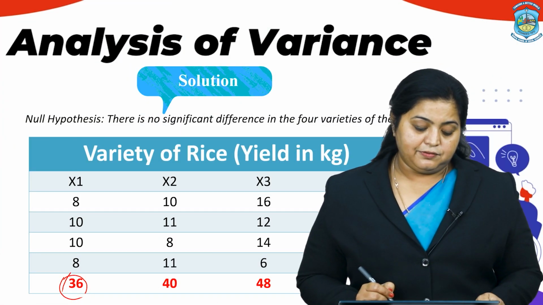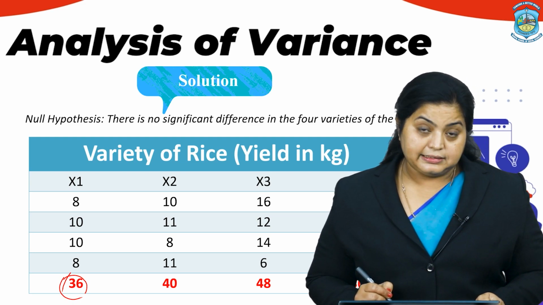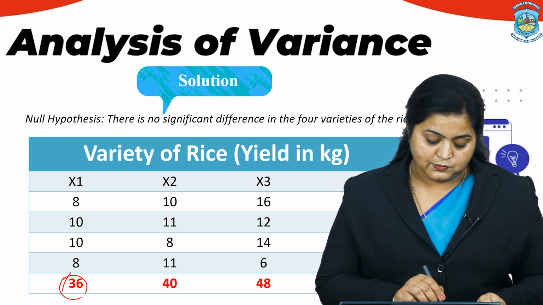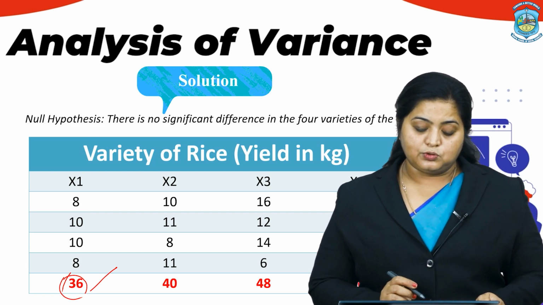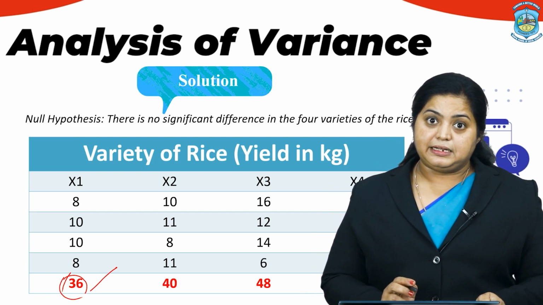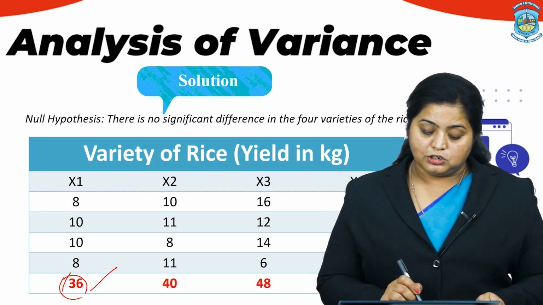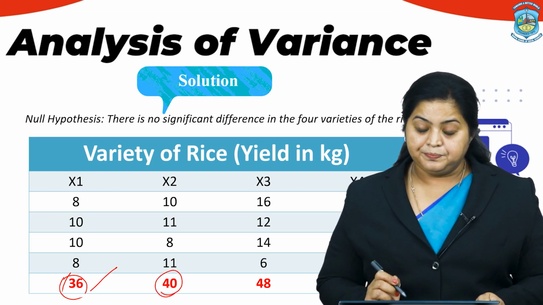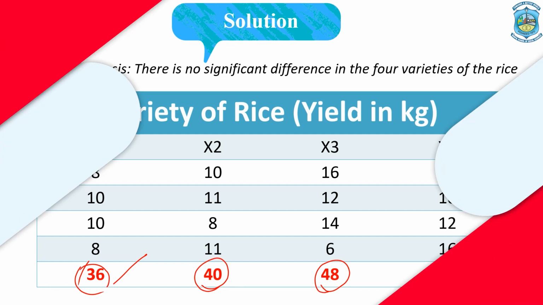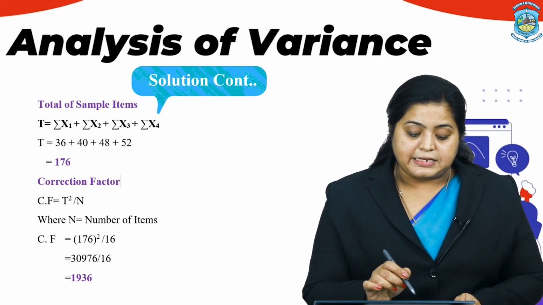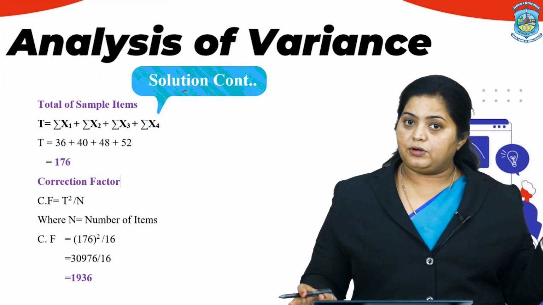For the first variety, x1, the total is 36. The second variety, B, is x2, and its total is 40. The total of the third variety of rice is 48 and the fourth variety is 52.